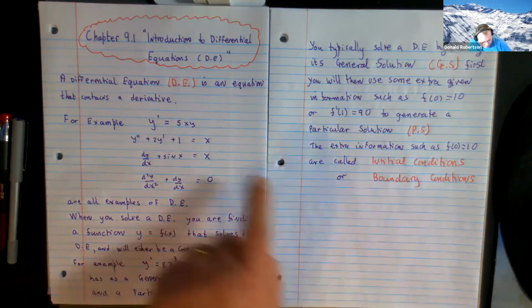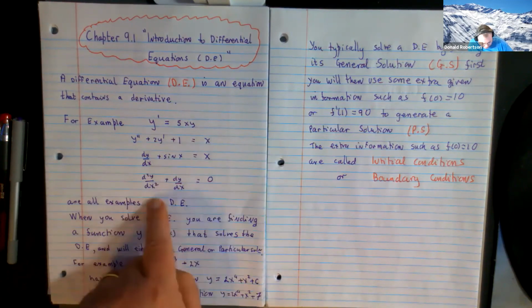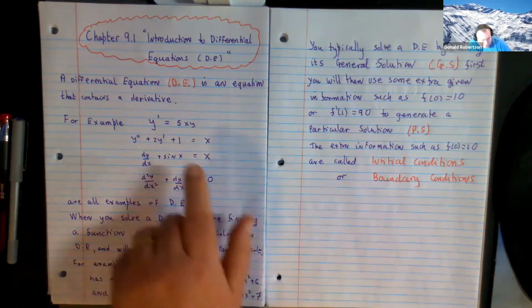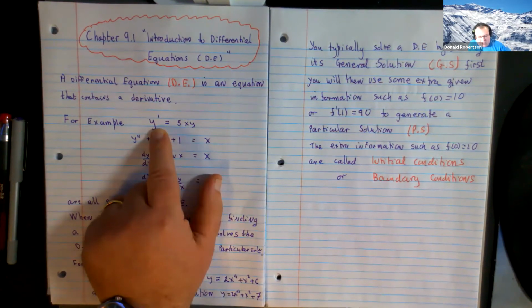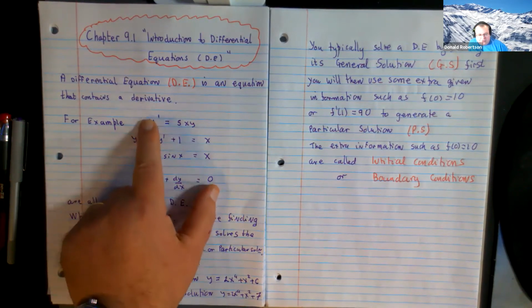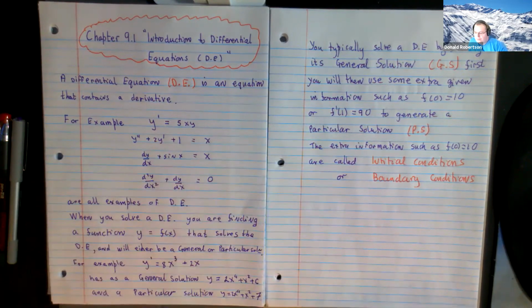Now, when you are looking at differential equations, I'm not going into this detail that you need to memorize it, but just for completeness' sake. When the derivative only has y dashed in it, or dy by dx, as it does in these 2 examples, it's called a first order differential equation.